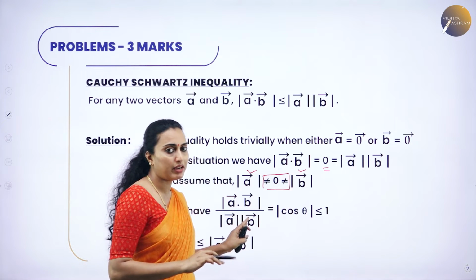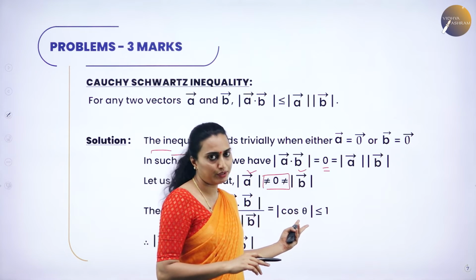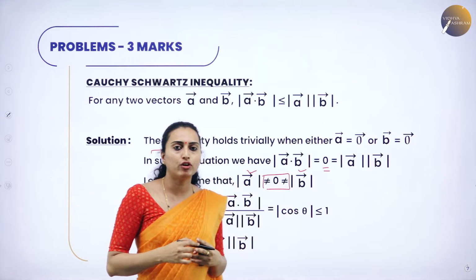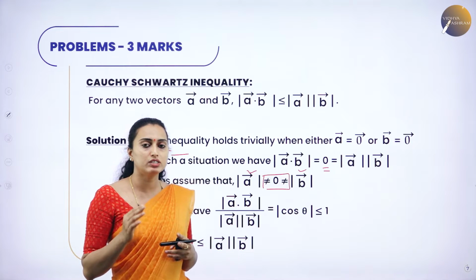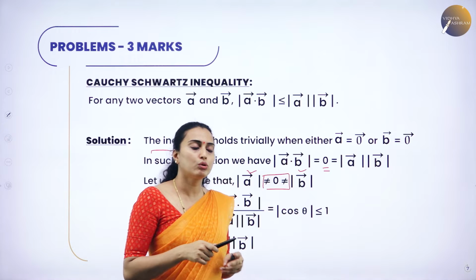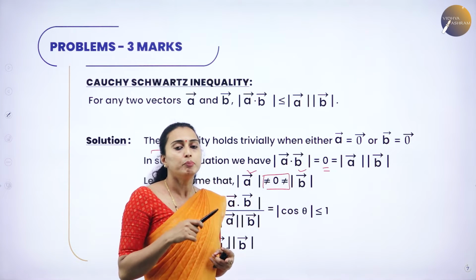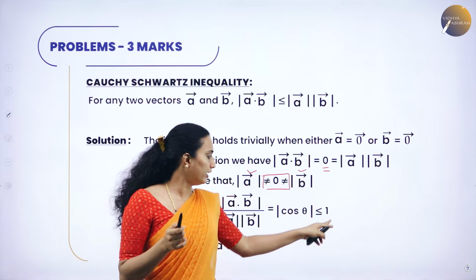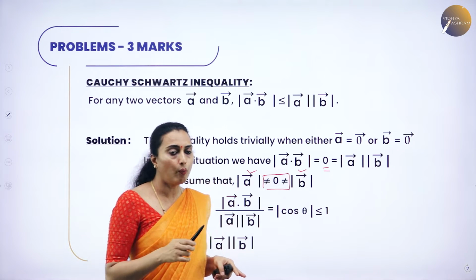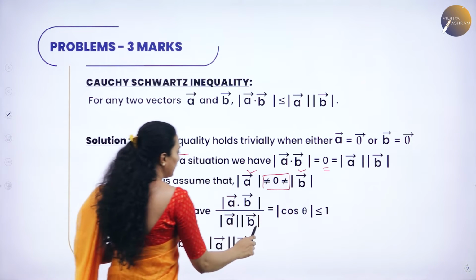So if this is a magnitude, obviously this is also a magnitude. The magnitude of cos theta never goes beyond 1, so it is less than or equal to 1. The range of cos theta is between -1 and 1, so here we are taking less than or equal to 1. Therefore, you can cross multiply this.